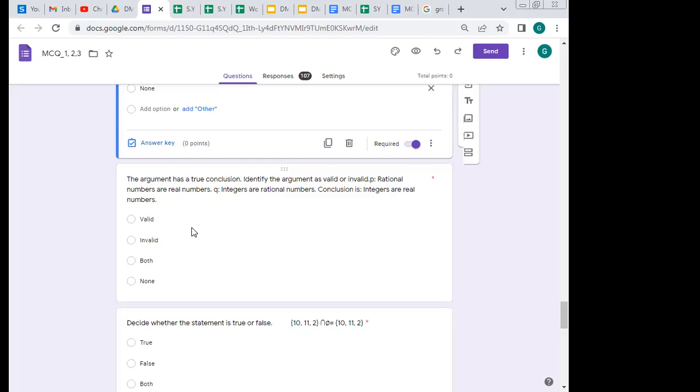Okay. What the conclusion is? Integers are real numbers. The conclusion is true. So is it valid or invalid? Valid. How? Yes, tell me your logic.